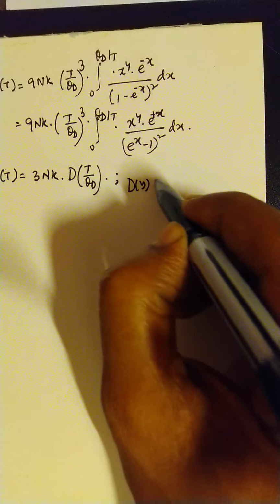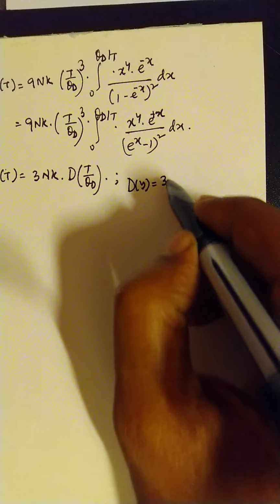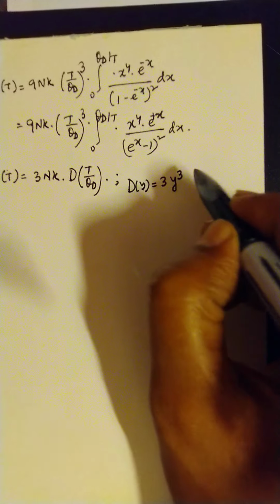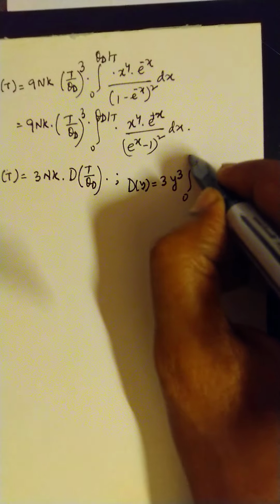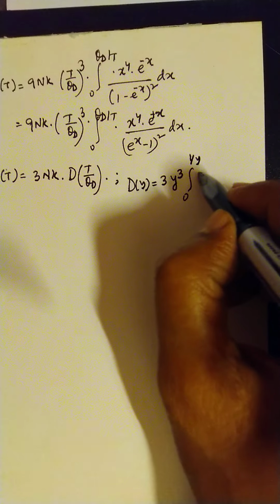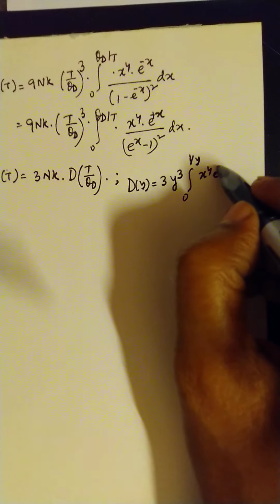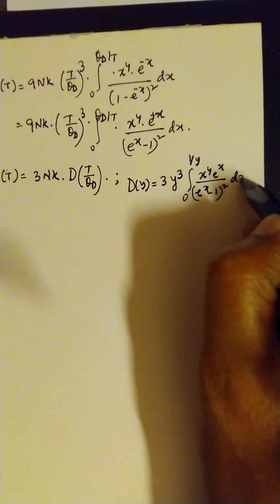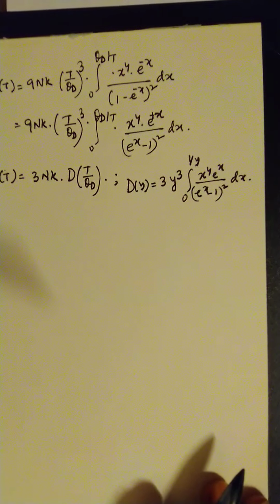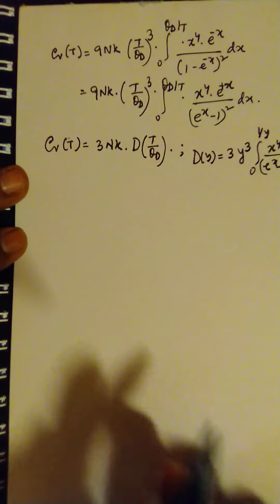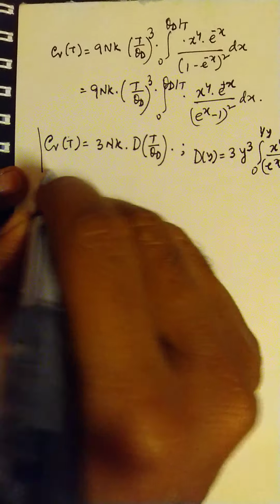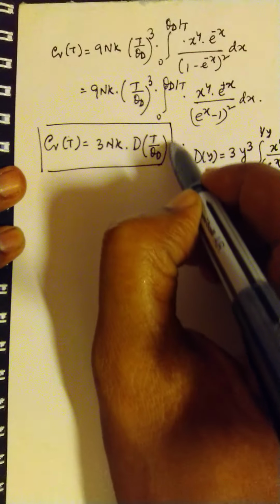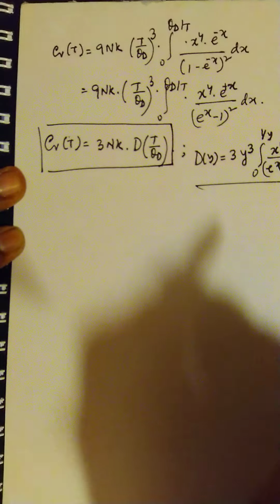The Debye function is referred to as, say, D of y, and 3 is here, so 3 into 3 becomes 9, the same thing, and then it becomes D(y) equals 3 into y cube into integral 0 to 1 by y x to the power 4 e to the power x by e to the power x minus 1 whole square dx. So this becomes actually the Debye result for Cv in terms of the Debye function, which is defined here this way.